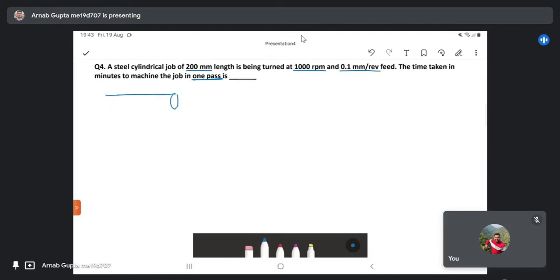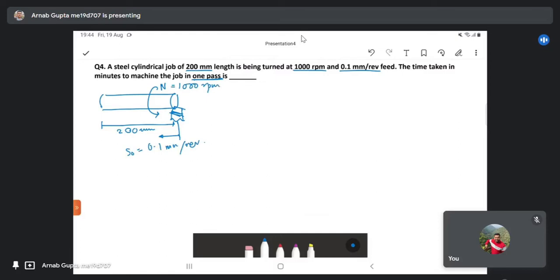So this is the entire length of the cylinder. So suppose you are starting from here, the turning operation, and this length is given as 200 mm. So we know that as the cylinder is rotating by speed n, and we are making the tool being fed at a rate of 0.1 mm per revolution, which is s naught as a feed, and n is given as 1000 rpm.